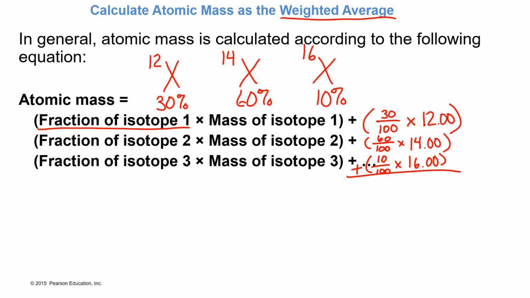The way I'm setting this one up, I would expect my answer to be in 4 sig figs at the end, just because these are all exact numbers, and I'm telling you the masses, I want it to 2 decimal places. So when I do each of these calculations and add them up, I get 1360. If you need the exact numbers for each one, 0.3 times.